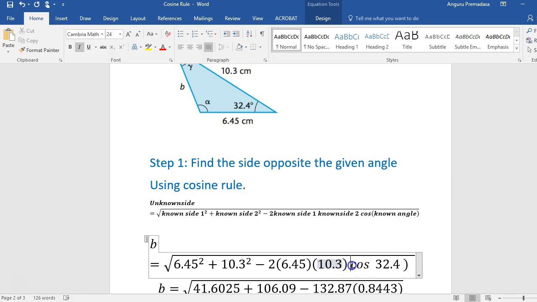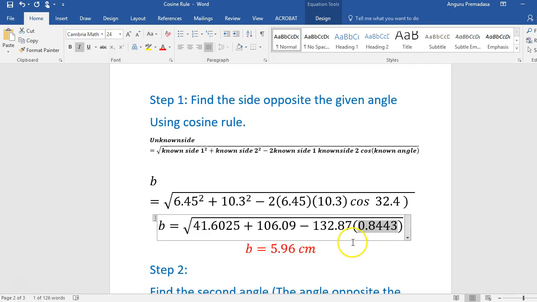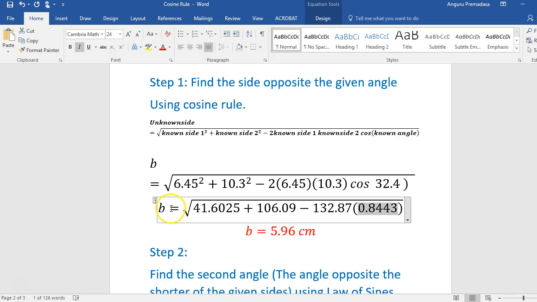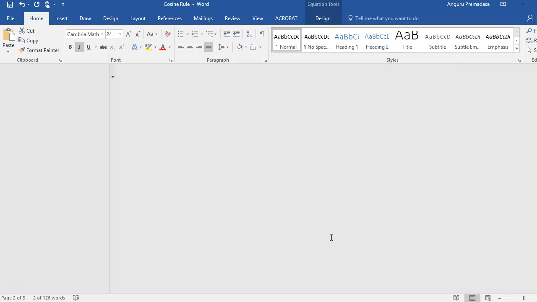If you work it out using a calculator, cosine of 32.4 is 0.84443, and you simplify this using a calculator and take the square root of the whole chunk, and you will get b equal to 5.96.